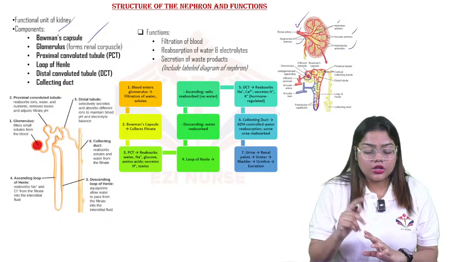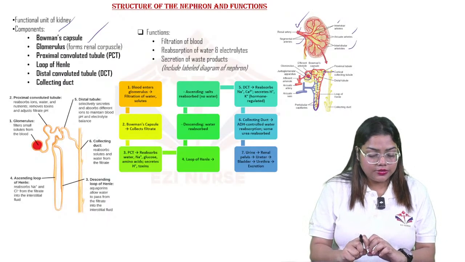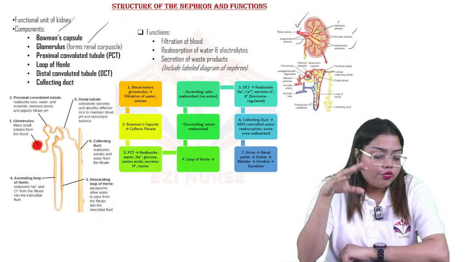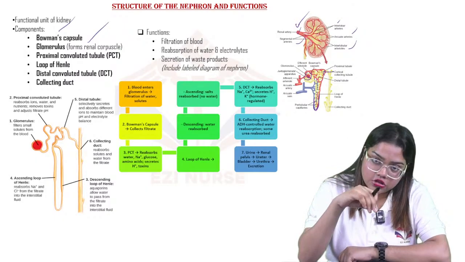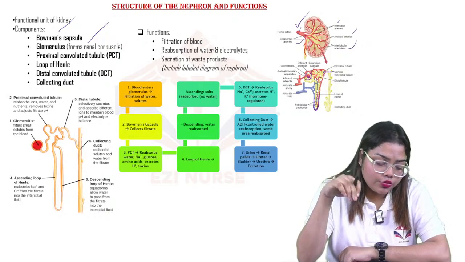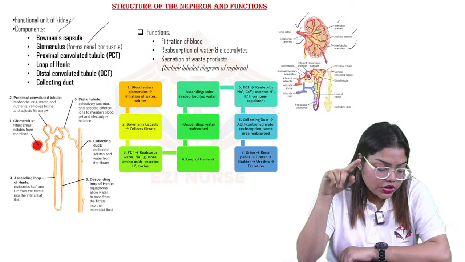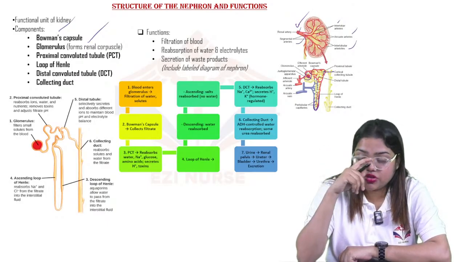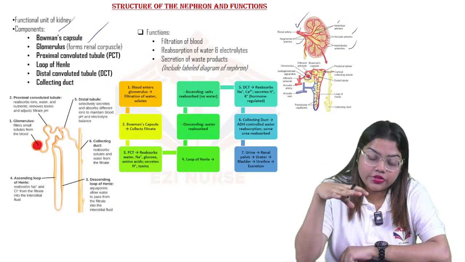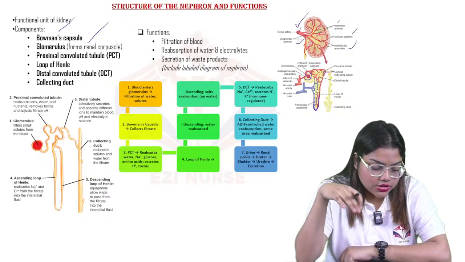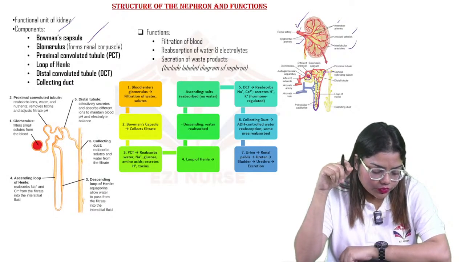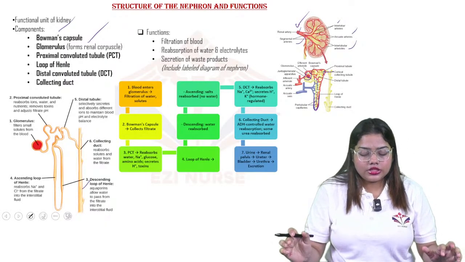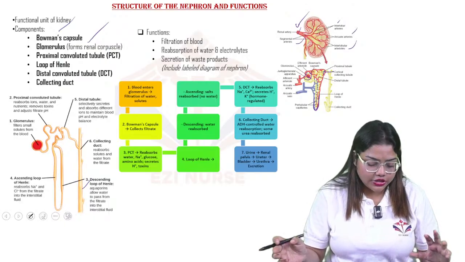Then we have the proximal convoluted duct or PCT, the proximal convoluted tubule, which reabsorbs the ions, water and nutrients, and also removes toxins and adjusts the filtrate pH. Okay, the fluid pH it will adjust. Then we have the descending loop of Henle or descending convoluted tubule.